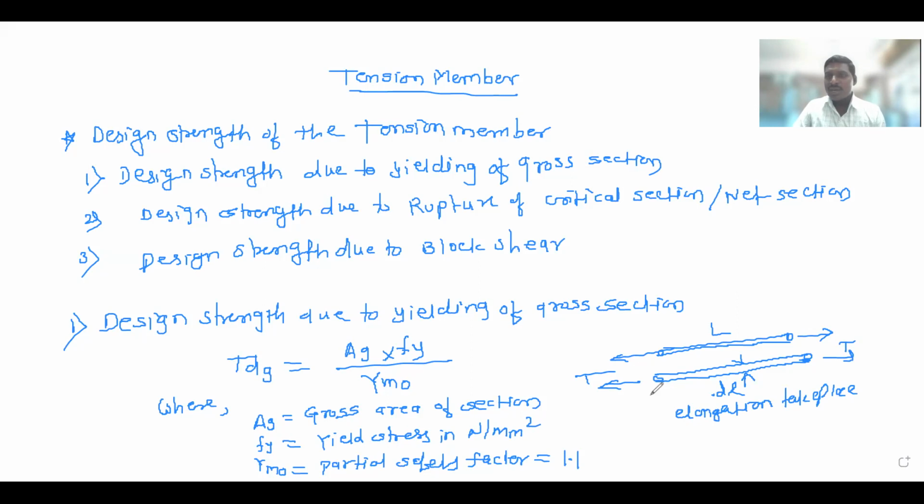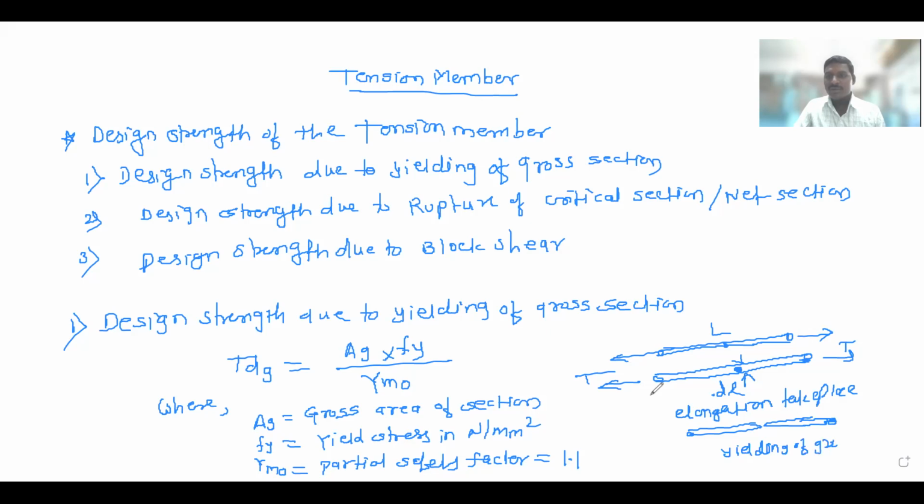It means the reduction of area happens at some point, and the total bar will fail. It means it is cut, like this. This situation will come, it will get cut. That is nothing but yielding of cross section.